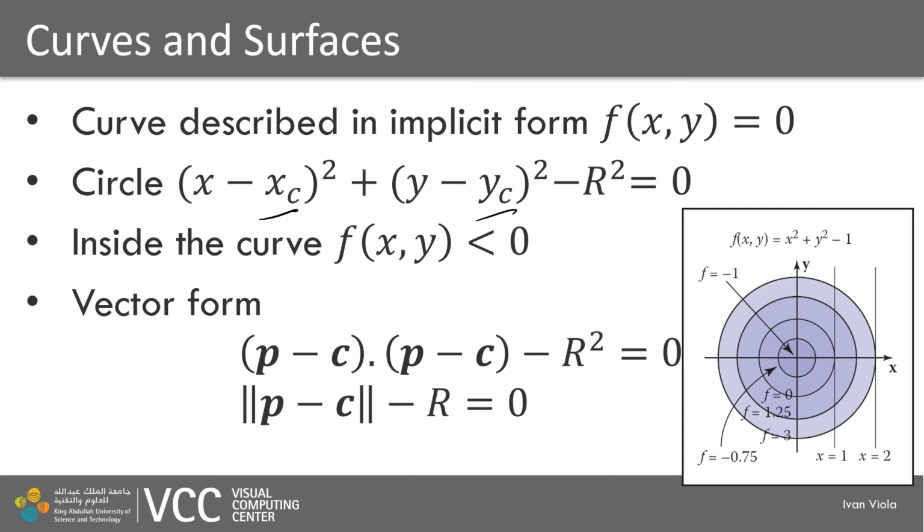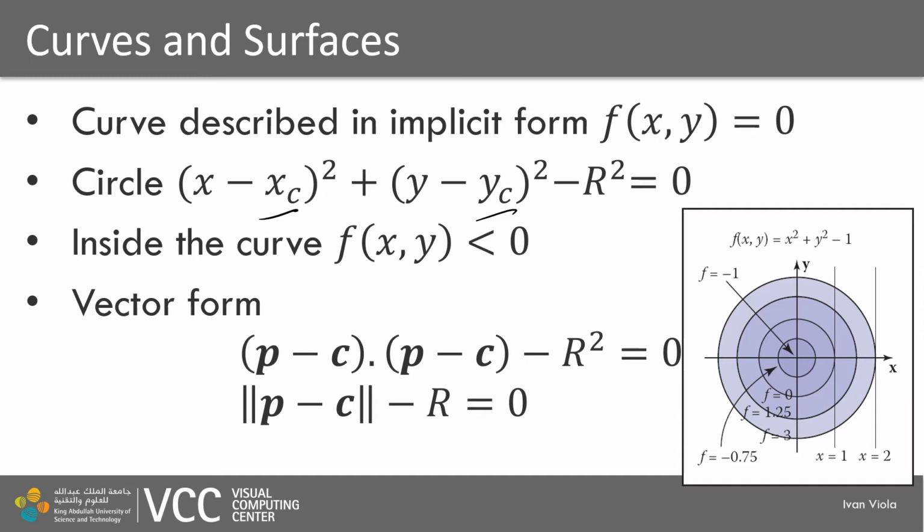If the squared distance of the point (x, y) from the center is equal to r squared, then that point satisfies being on the circle, so the squared distance minus r squared will be equal to 0.